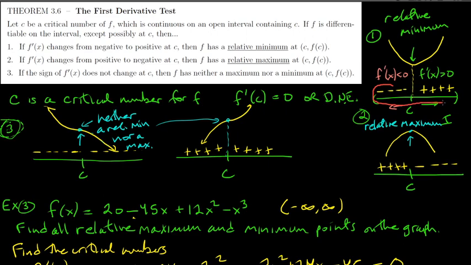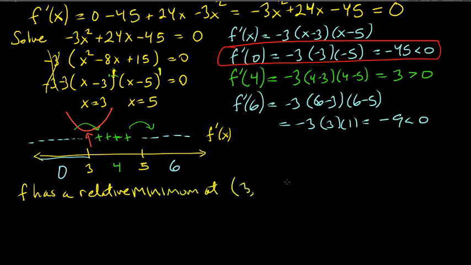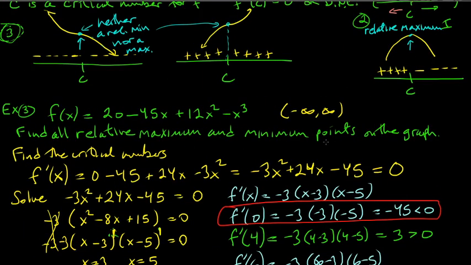When you're going from a negative to a positive, left to right, you have a relative minimum. So f has a relative minimum at x equals 3.